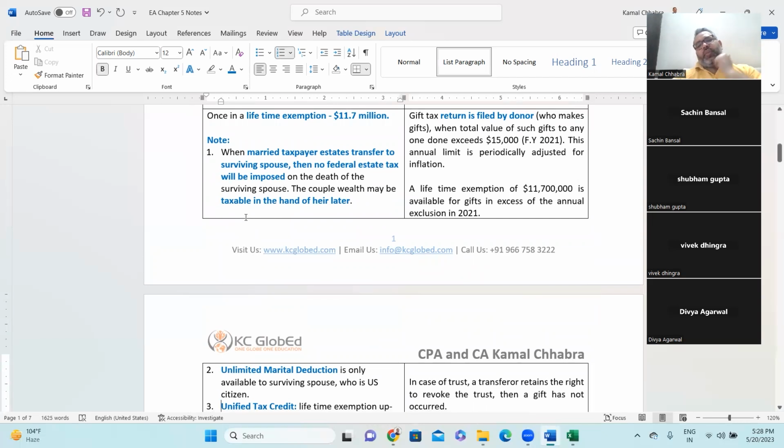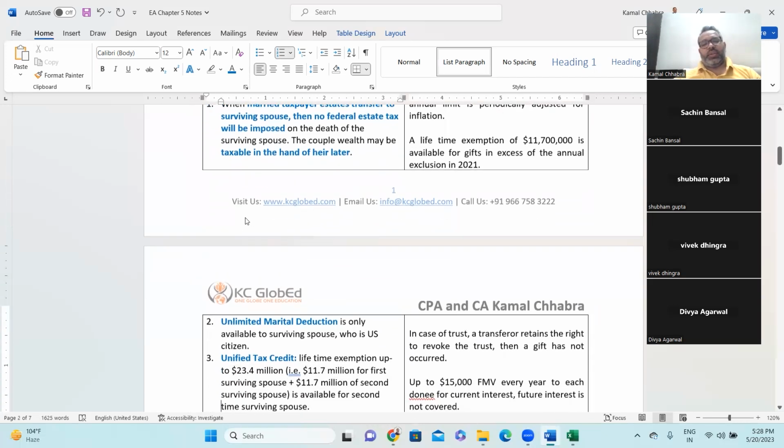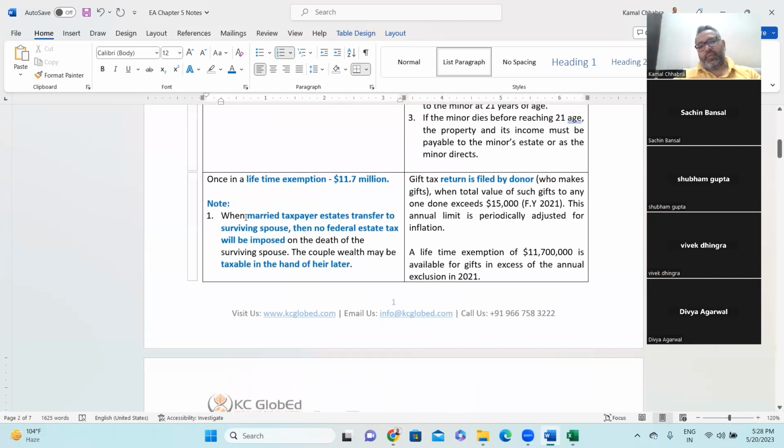And the unified tax credit is $23.4 million. On the other hand, for the gift tax, it is $15,000 per donor per year. And if married filing jointly is giving a gift, then they can give up to $30,000 per donor per year. And there is one lifetime exemption here also, $11.7 million is available.